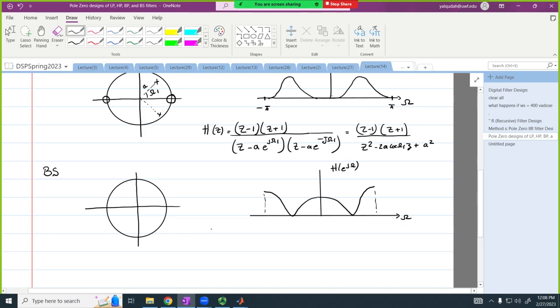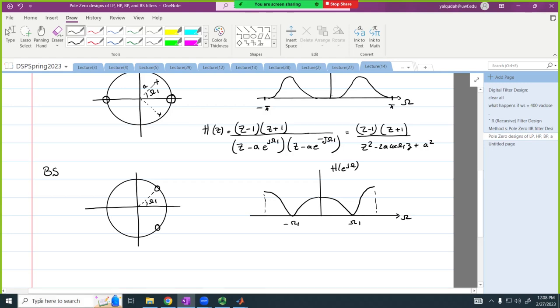Okay. And this is omega 1. It's a band stop, so we want to remove this frequency. Now, of course, these are the simplest. We can make them fancier. We'll see later. What do we need to do to remove this frequency? We're going to put a 0 at omega 1. So this is omega 1.